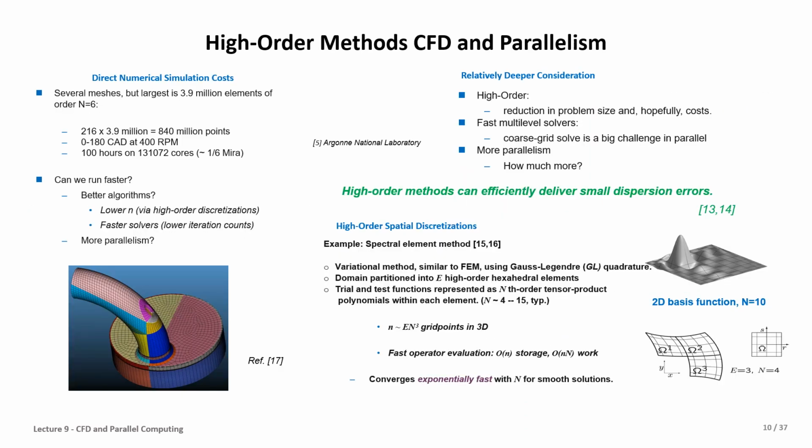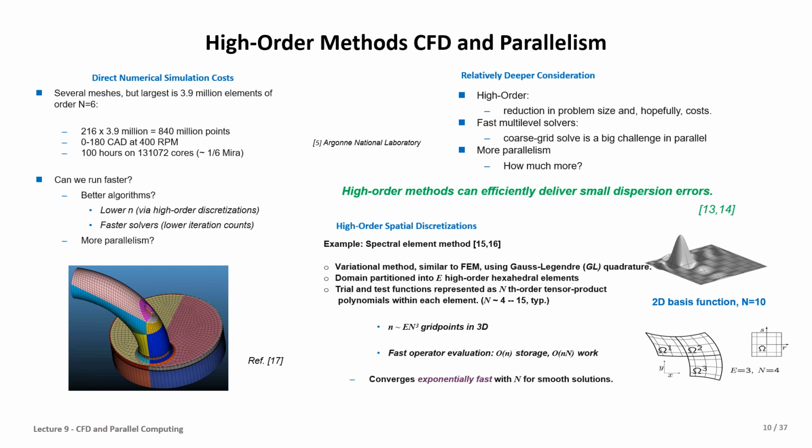In CFD, when we are using parallelism, sometimes the high order method helps to deal with the error. For example, this statement: high order methods can efficiently deliver small dispersion errors, which is required.